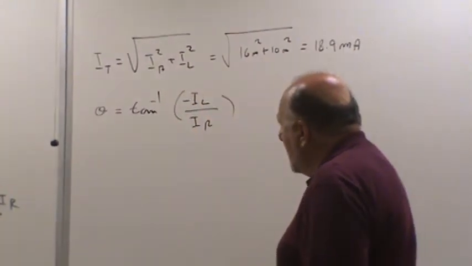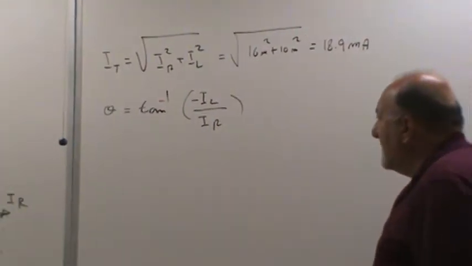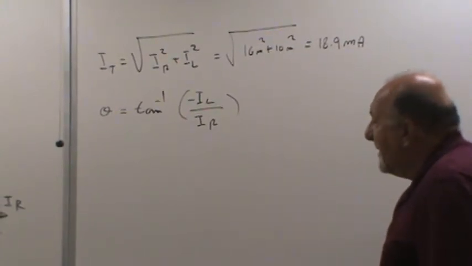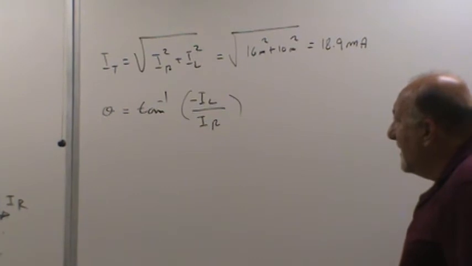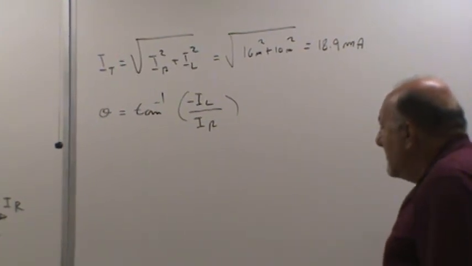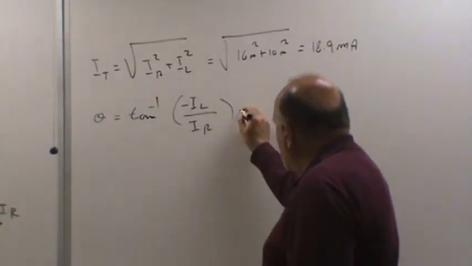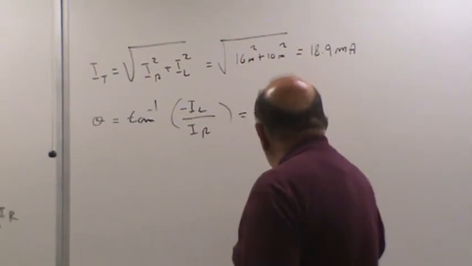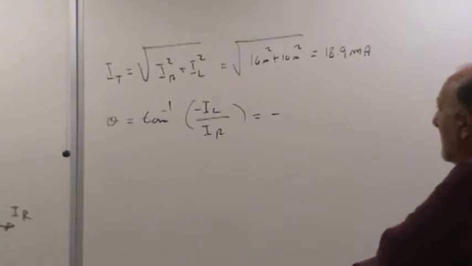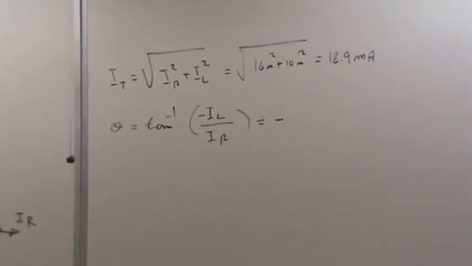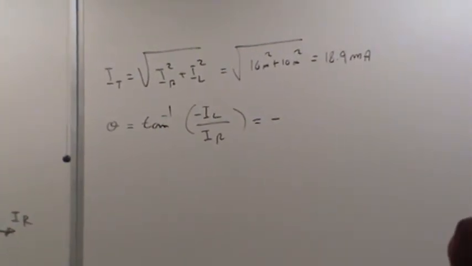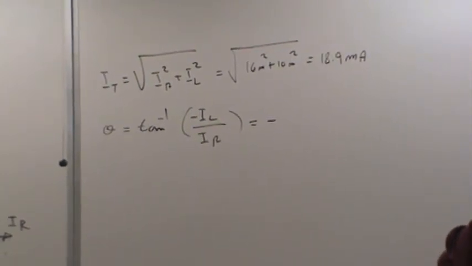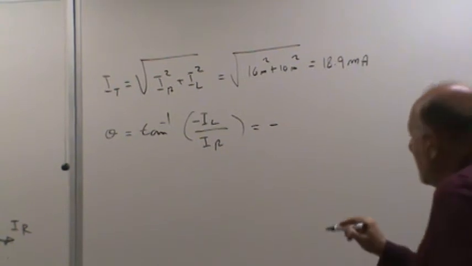It doesn't matter how you put it, as long as you end up with a negative number. I can say minus arctangent. This is probably better. So what's the angle here? Minus how many degrees? 10 over 16 arctangent is about 32 degrees, so it would be negative 32 degrees.